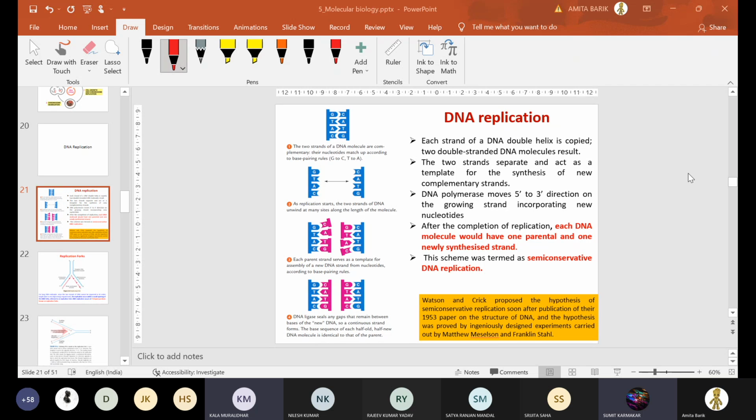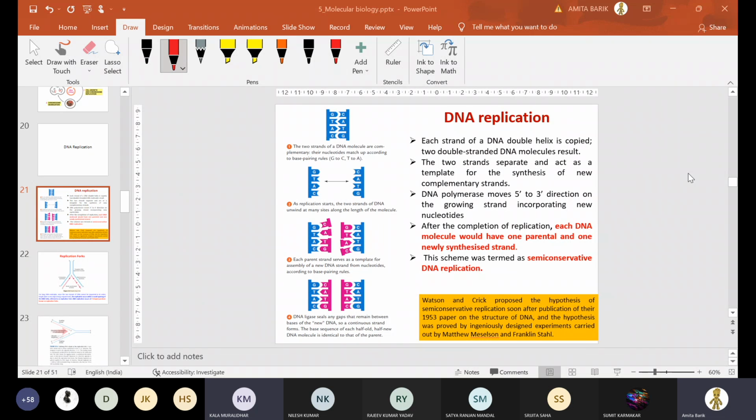Now anything else you want to add? Ma'am, the nitrogen bases, purine base and pyrimidine base pairs are there, but the main important thing is the base pairing. Okay, so the purines and the pyrimidines interact in such a way that A pairs with T and G pairs with C. This base pairing is based on Chargaff's rule, and it is very important.